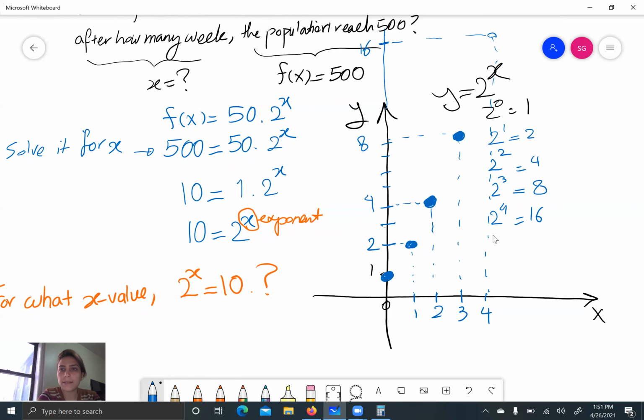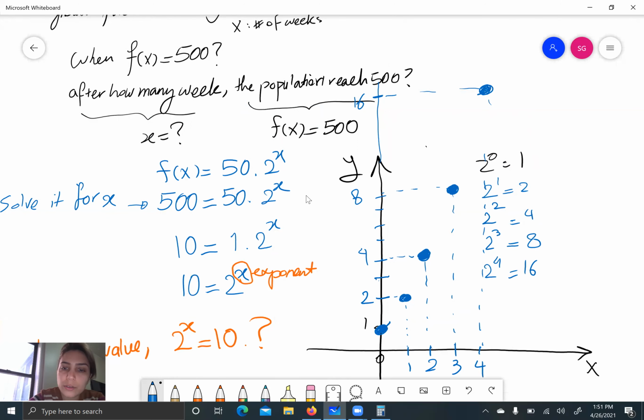I may erase some stuff here because I want to have a clear picture. Okay, so now let's connect these points to draw the curve.